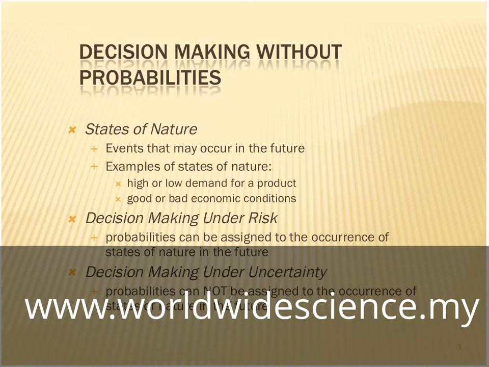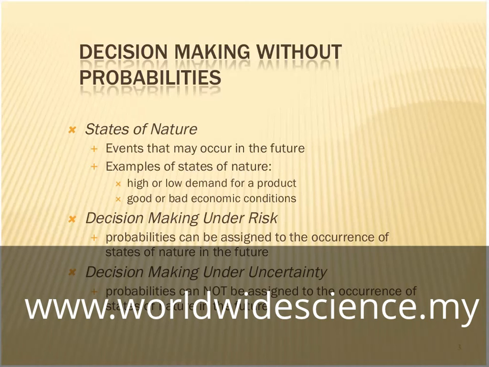Decision making under risk is when probability can be assigned to occurrence of the state of nature in the future. If you succeeded to assign a probability to each of the states of nature in your decision, you can select decision making under risk.